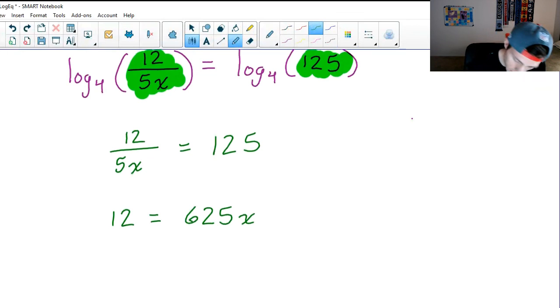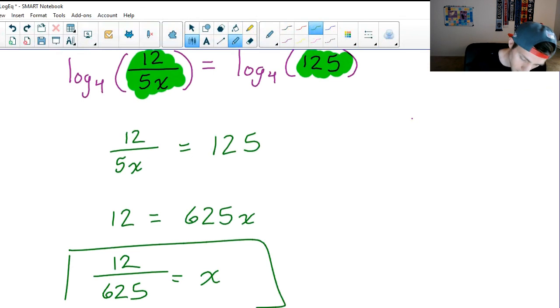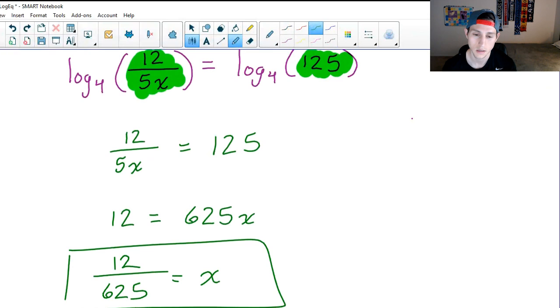And then divide both sides by 12. x equals 12/625. Okay, so that's using the properties.